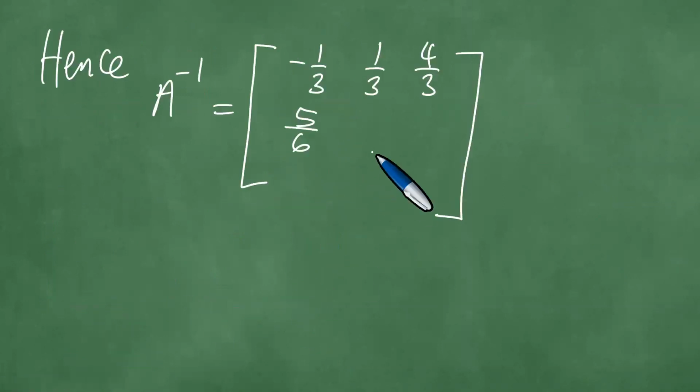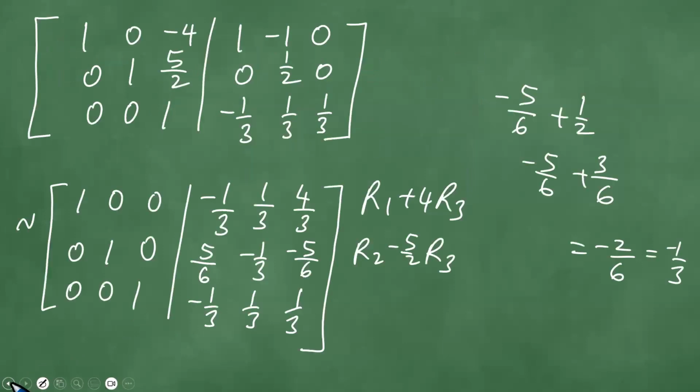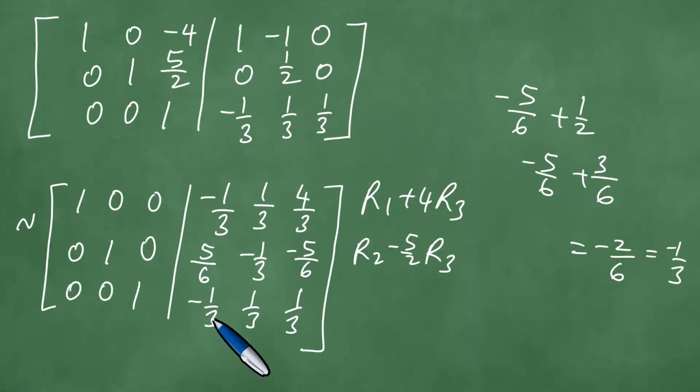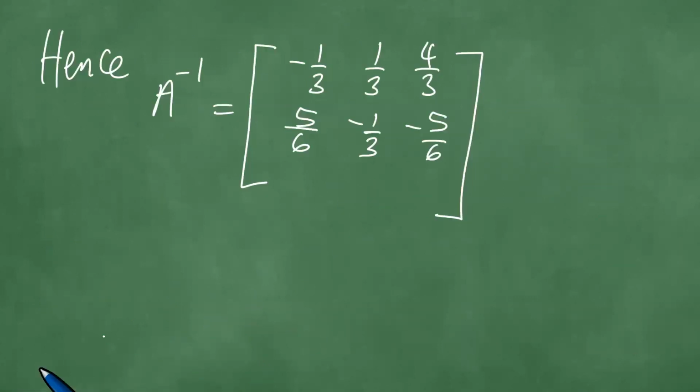Minus 1/3. Minus 5 out of 6. Minus 1/3. Minus 1/3, 1/3, 1/3. All right, now what do we do with this?